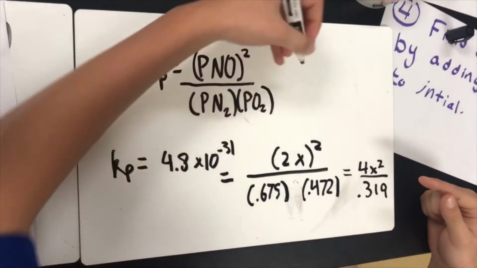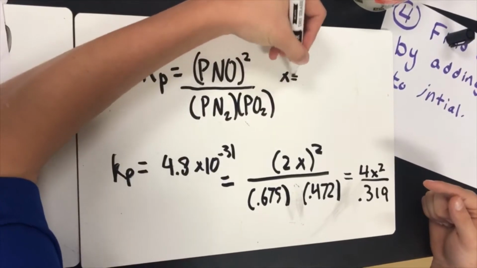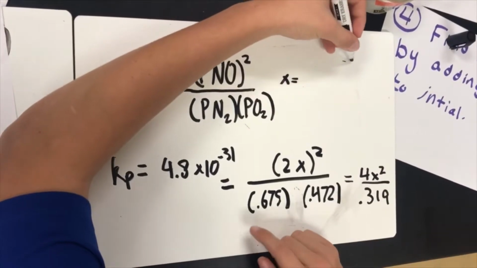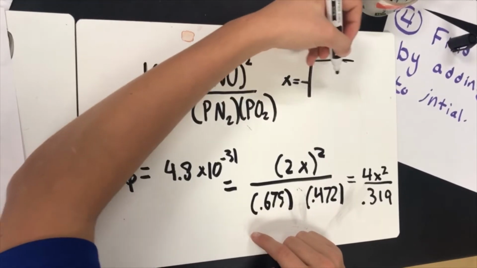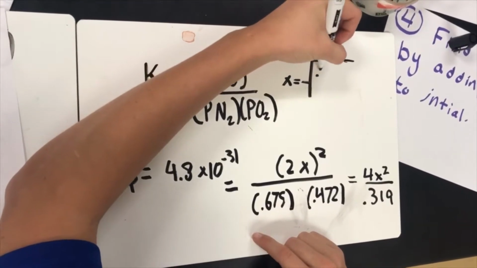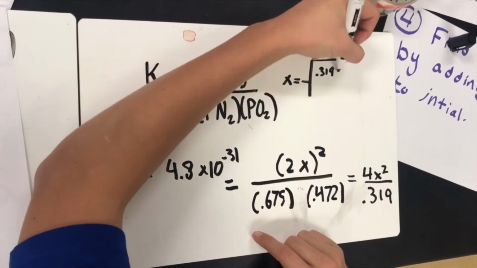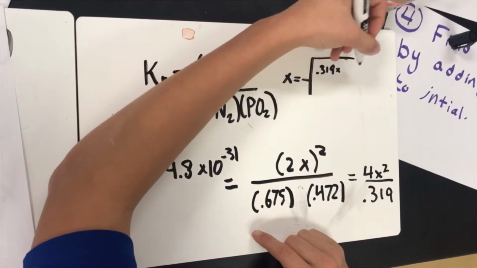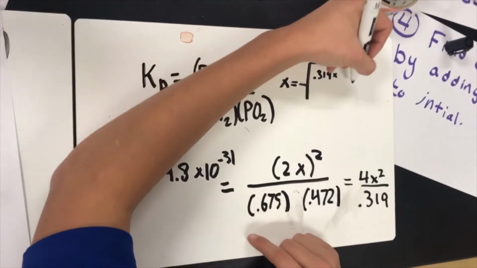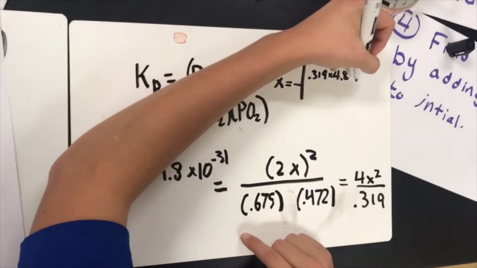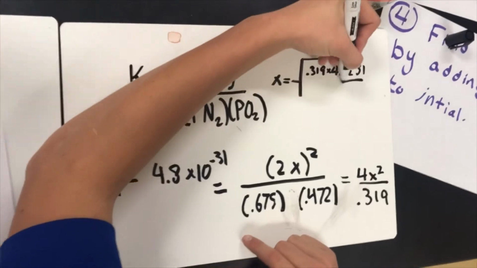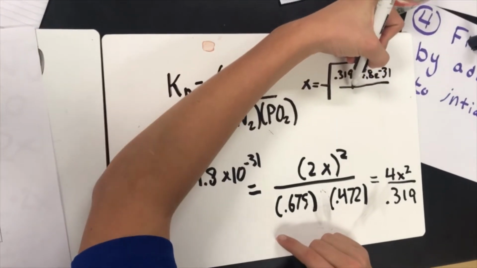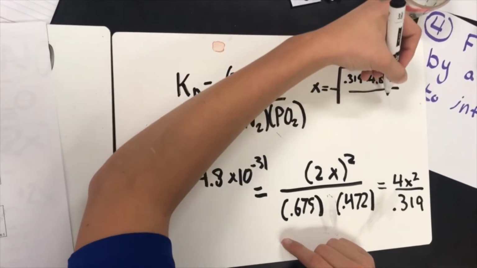And I know that x is equal to the square root of 0.319 times 4.8 e to the negative 31 over 4.